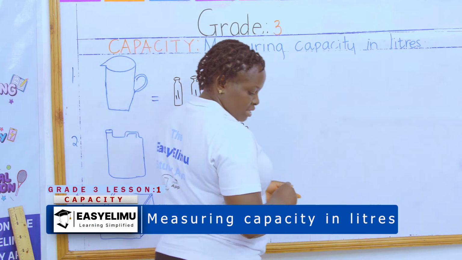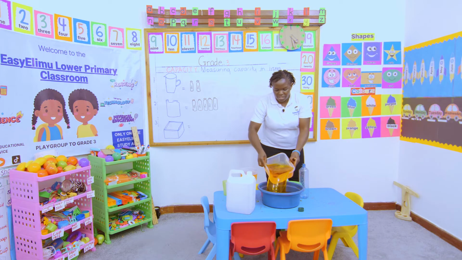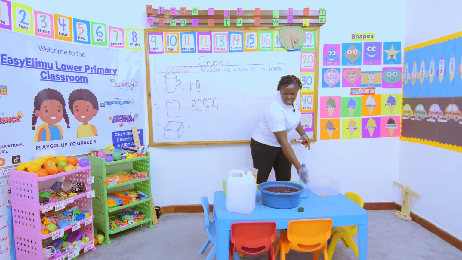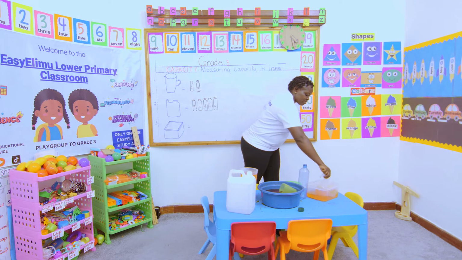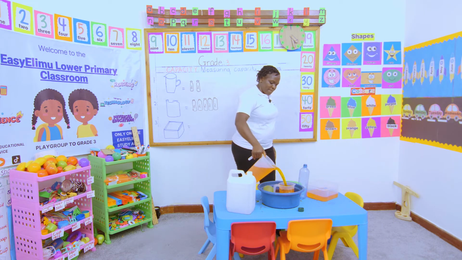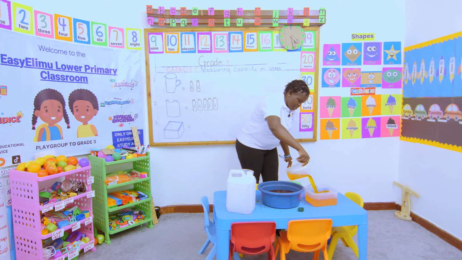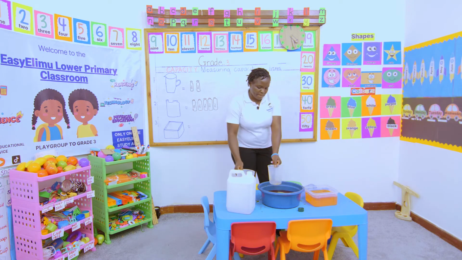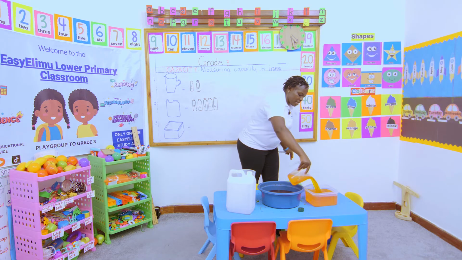What of the container? Let's find out how many of them filled this container. We said this jug is equals to a liter as that bottle. So we are saying 1, 2, 3.